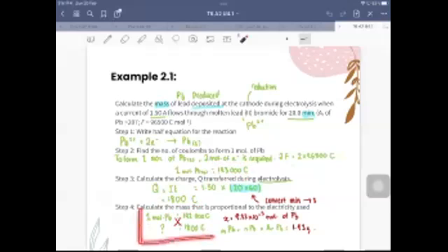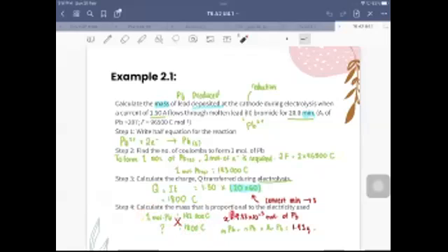That's why we can equate this ratio. If we had 193,000 coulombs of charge, we would have been able to produce 1 mole of lead. However, we only used this much. So how many moles of lead would that be equivalent to?